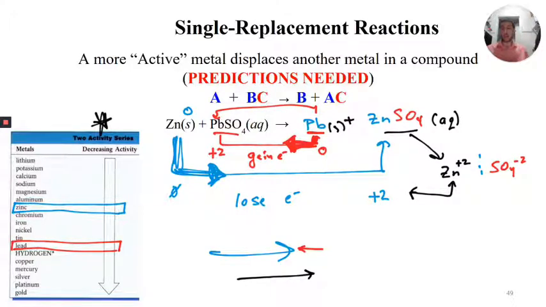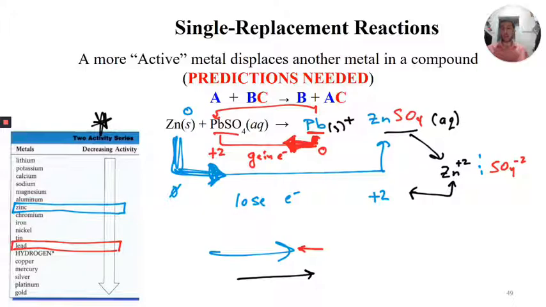What does that mean? That means that if I mix zinc solid and lead ion together on a reactant side, the end result is that the zinc will exchange with the lead to form the products shown in this chemical equation. Okay? And it's looking at their respective activities, or their ability to allow that transfer of electrons.